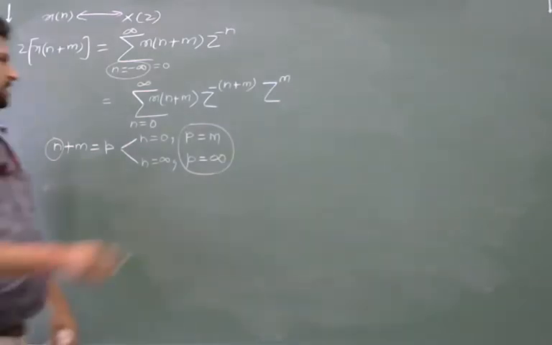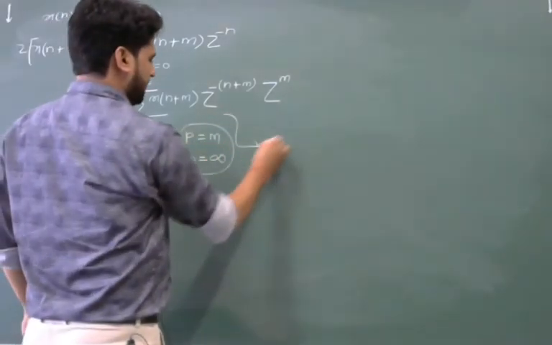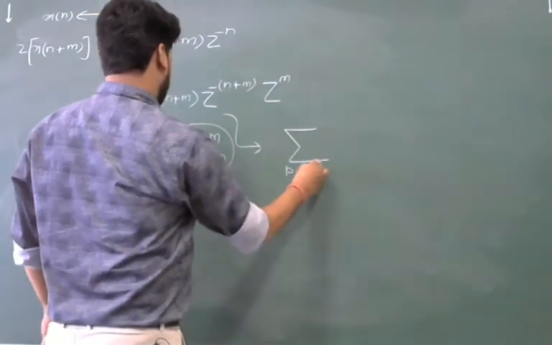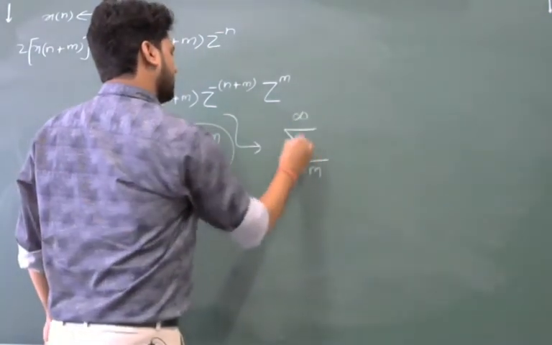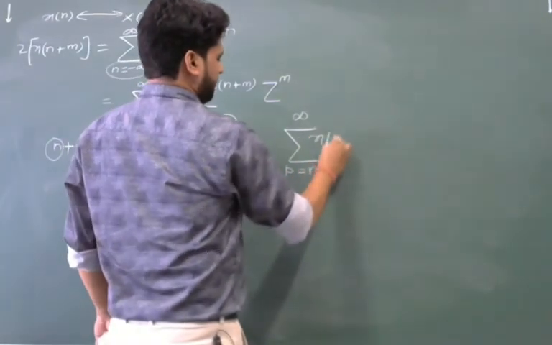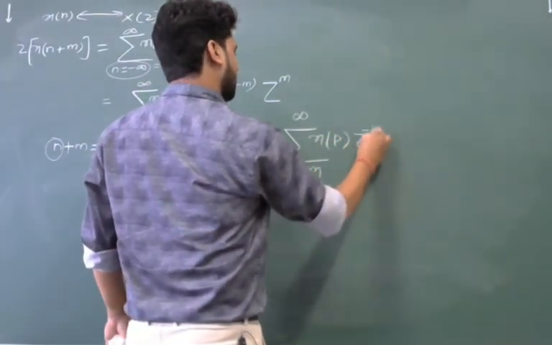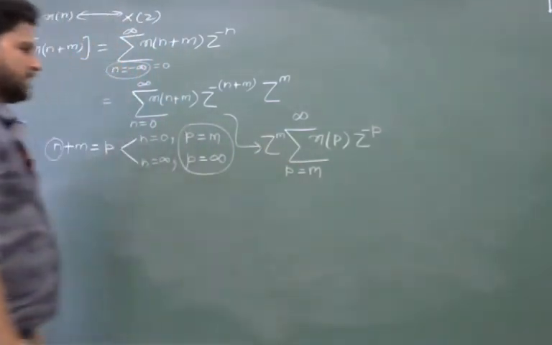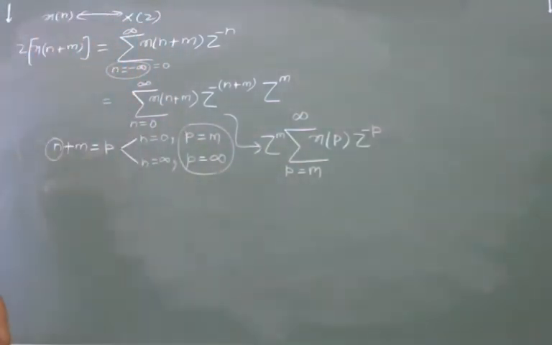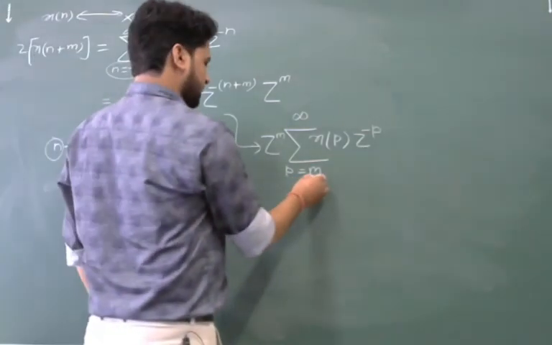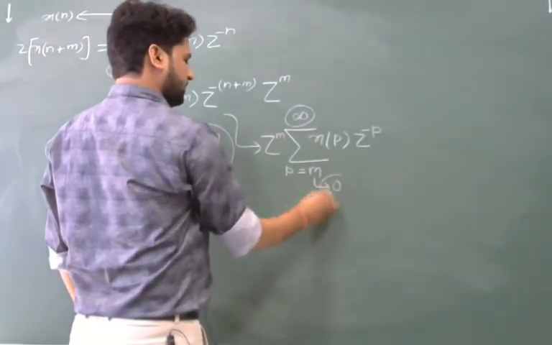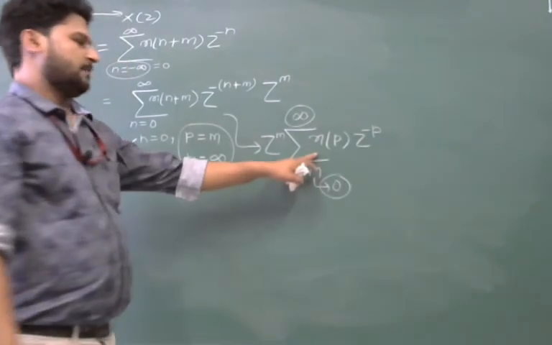So in this way, this relation now can be written as sigma p from m to infinite x of p into z power minus p, where z power m is a constant. Now again, the same condition arises if this limit becomes 0 to infinite, then this will become x of z.